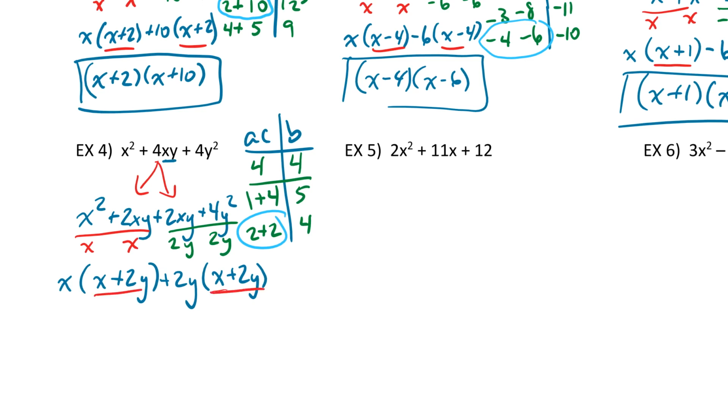Insides match, which means insides go in 1, so x plus 2y. And in this case, the leftovers are also x plus 2y. So since these are the exact same this time, we can actually write this as x plus 2y squared.